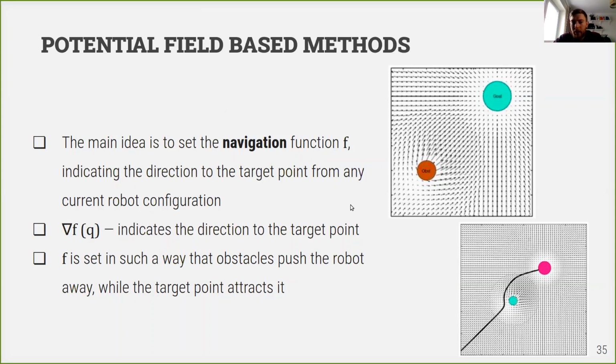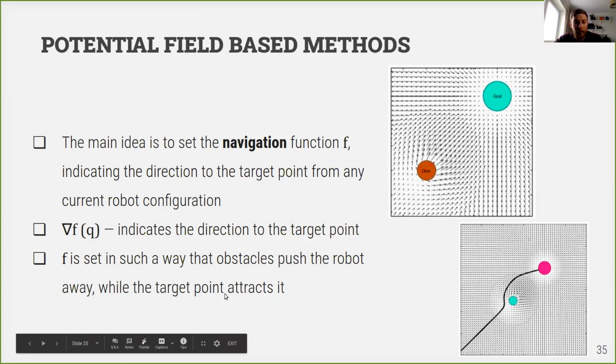Yeah, and here, formally, mathematically, we can compute the gradient of this potential field in any point, and this gradient will indicate the direction to our target point for our robot. And usually F is set in such a way that obstacles push the robot away while the target attracts it, as we already discussed.